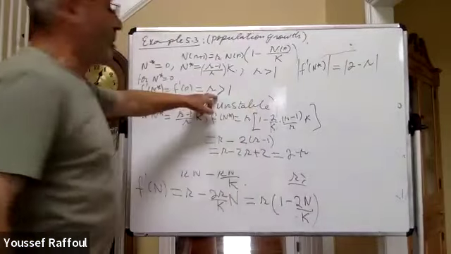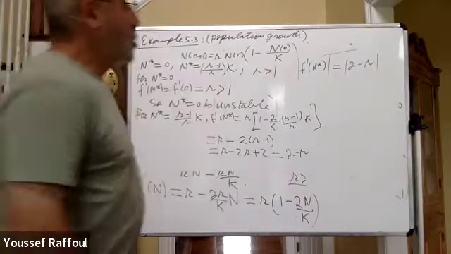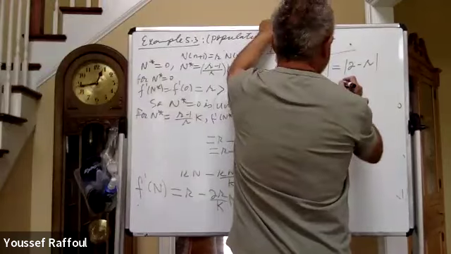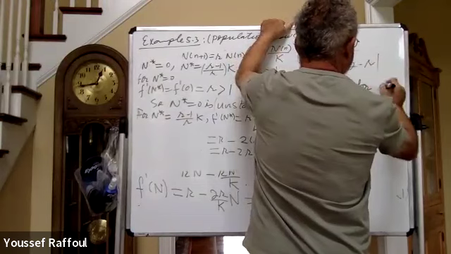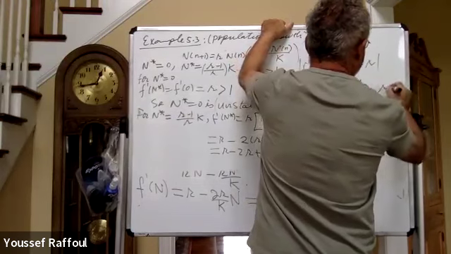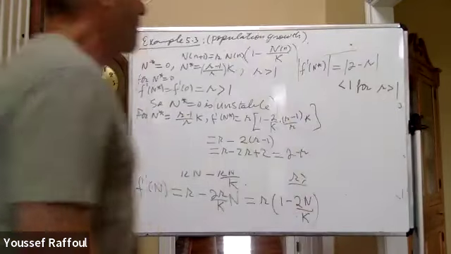R is bigger than 1, correct? So that is less than 1 for R bigger than 1. Okay?